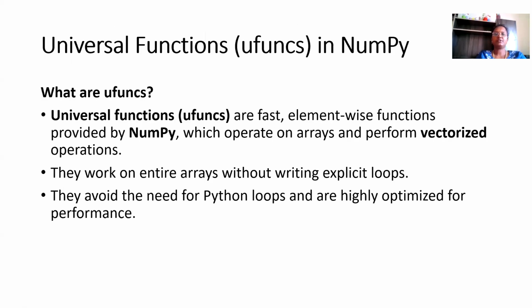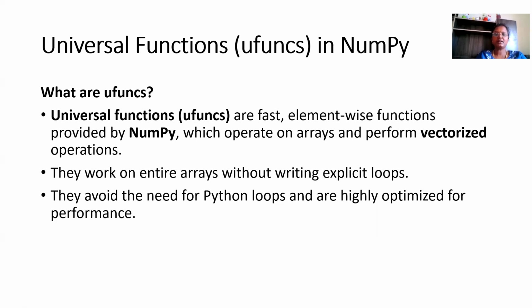And the next thing we're going to see is the universal function, that is ufunc. Mostly we use it in NumPy, which is one of the libraries that I'll explain in my next course. What are ufuncs? Universal functions are fast, element-wise functions provided by the NumPy library, which is one of the libraries in Python, which operate on arrays and perform vectorized operations.